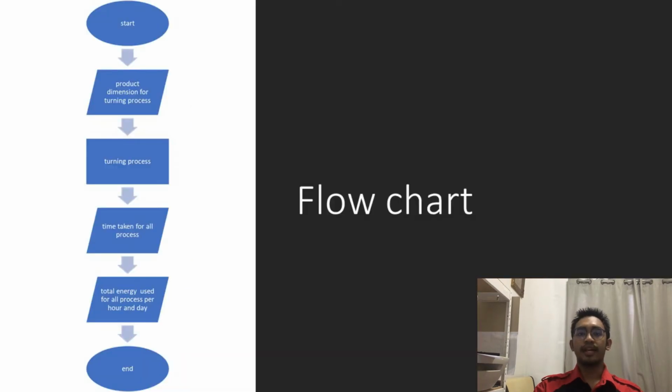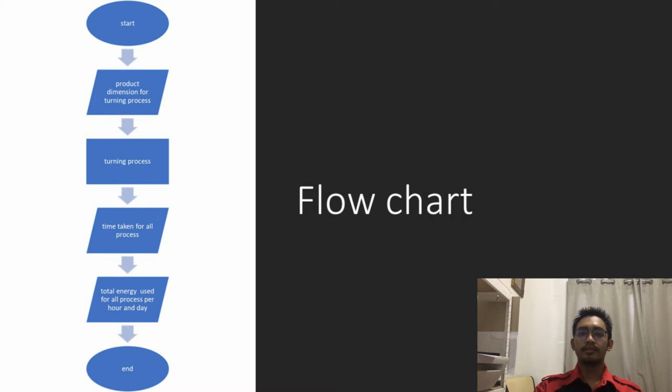For the flow chart, first is start the program, and then it will calculate the product dimension of the turning process. The first dimension is the actual dimension, which is 200 mm times 200 mm, and then we must key in the dimension for the parts that we want to cut.